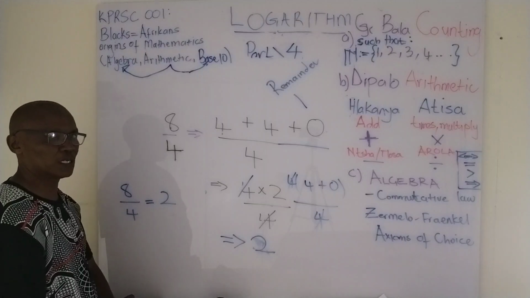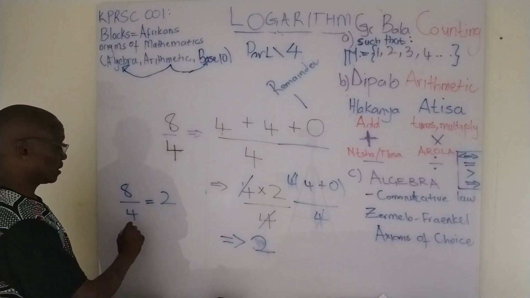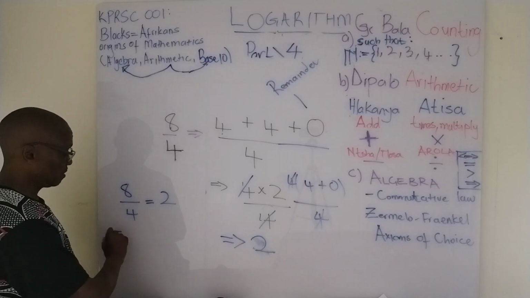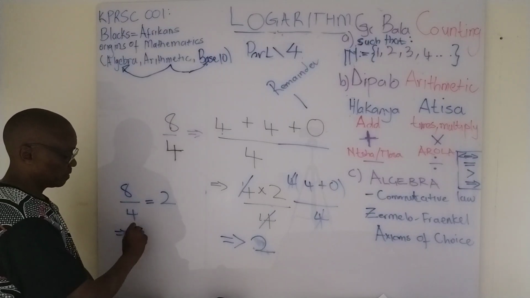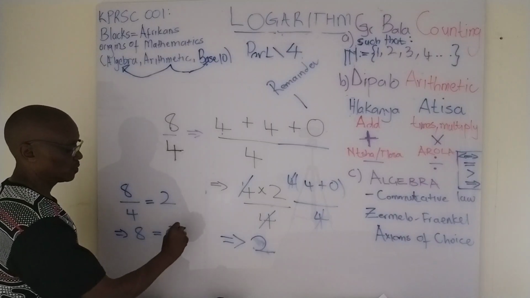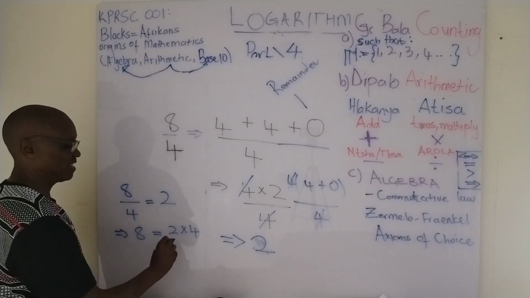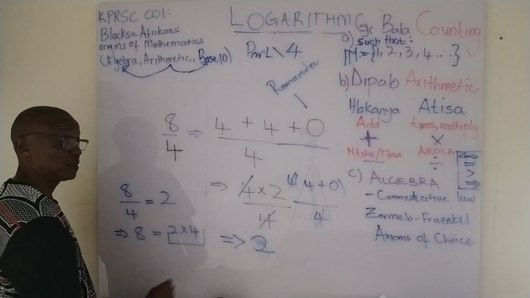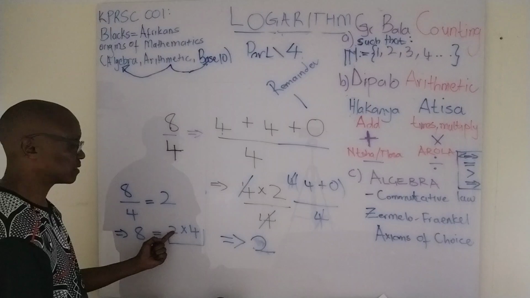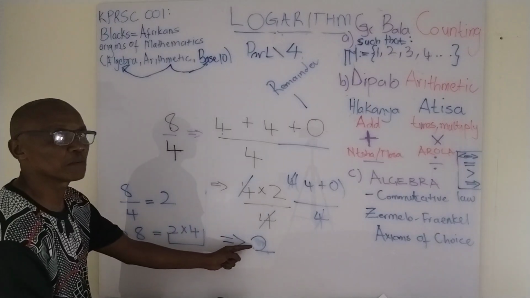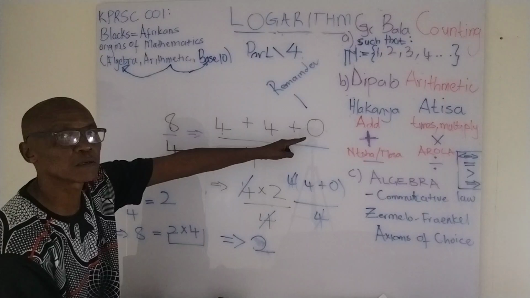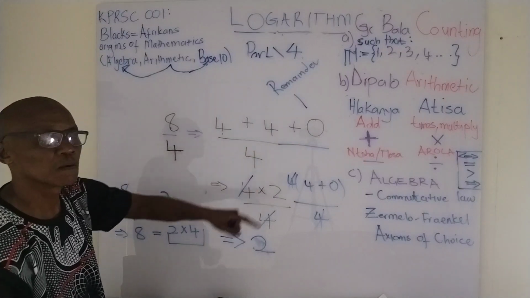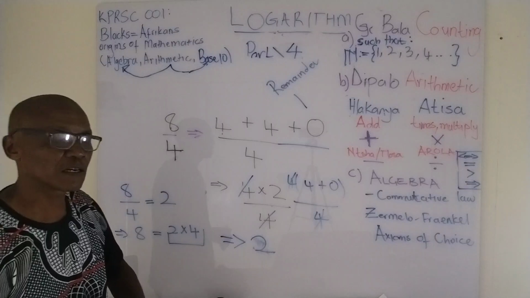The remainder is 0 in other words. I can literally write 8 as 2 times 4 in a factorized way, because 2 is a factor. It was produced by the factor theorem, by the remainder theorem in this case. Hence factor and remainder theorem.